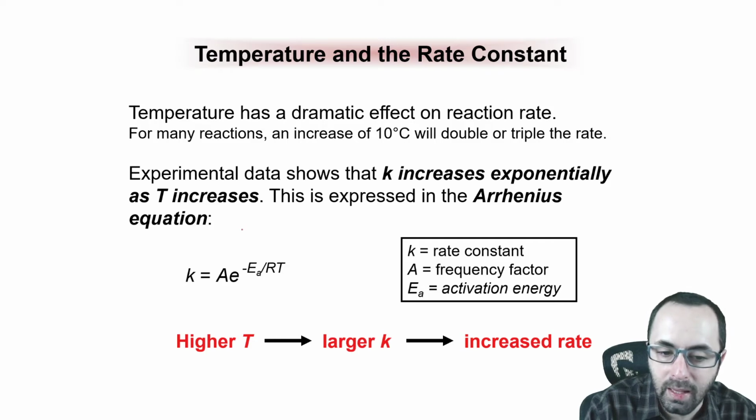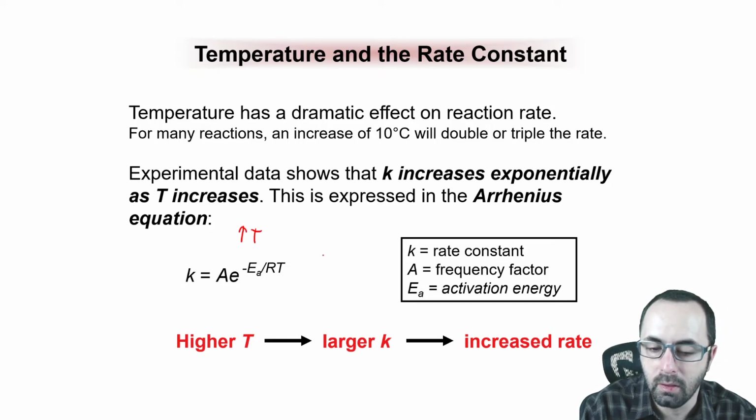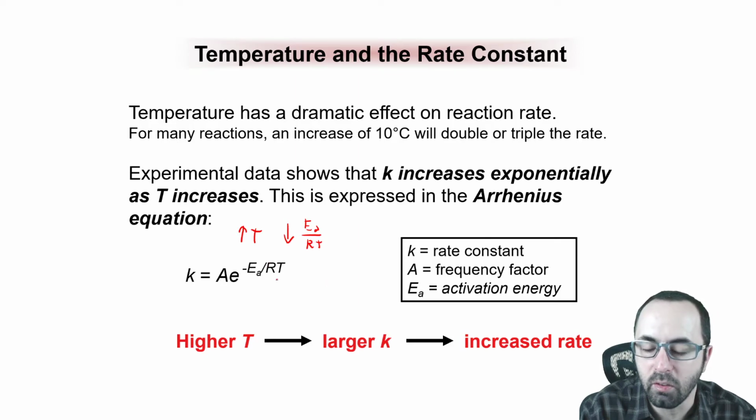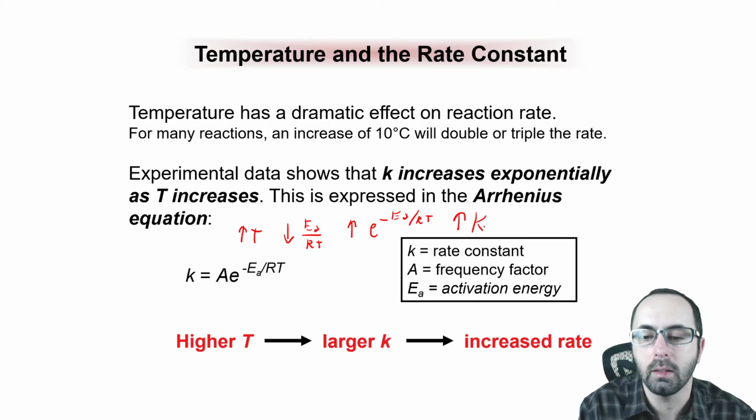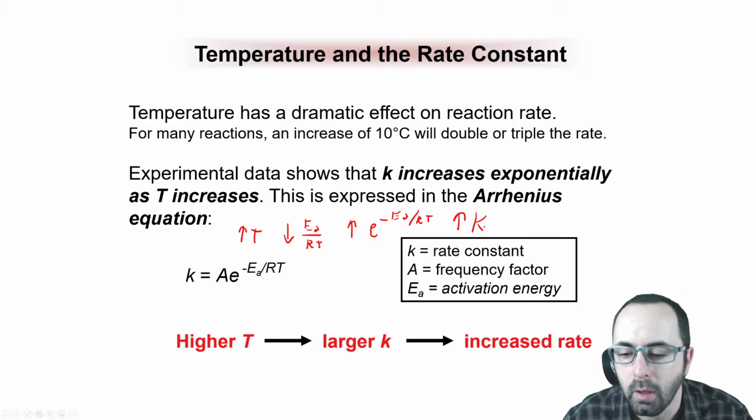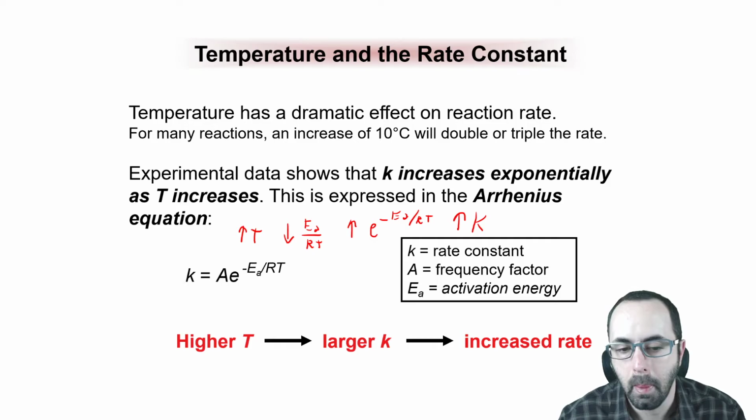If we increase the temperature, that is going to decrease EA over RT. It will make it a smaller number. So we'll have a smaller negative number here, which is going to increase e to the minus EA over RT, which is going to increase the rate constant. And so you'll get a faster rate, right?